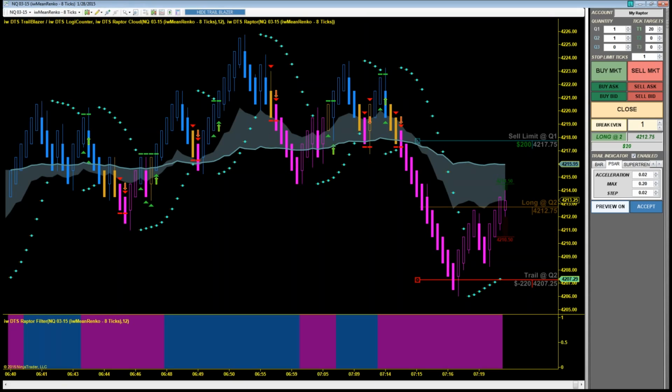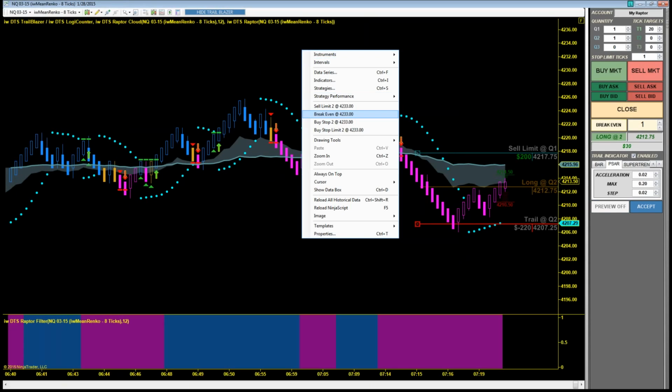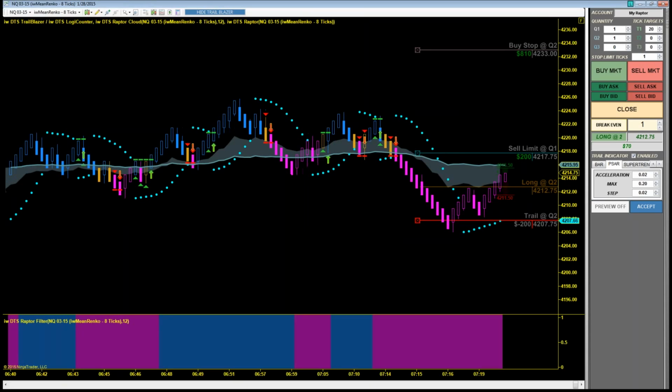So if I go now with parabolics, it's going to change to be a little bit more aggressive. So you need to have a rough idea what your position size should be relative to where you normally place your stops. And after that, it's only a one-click system.